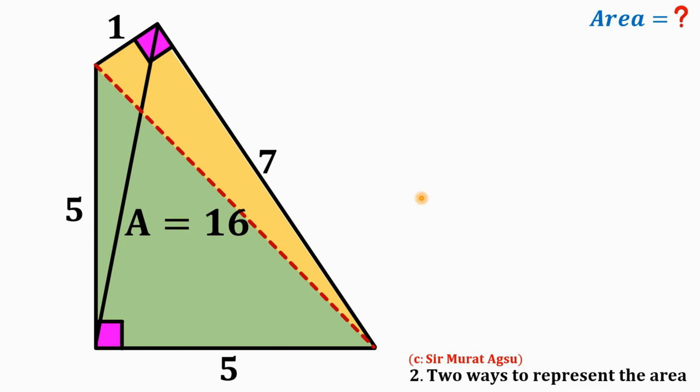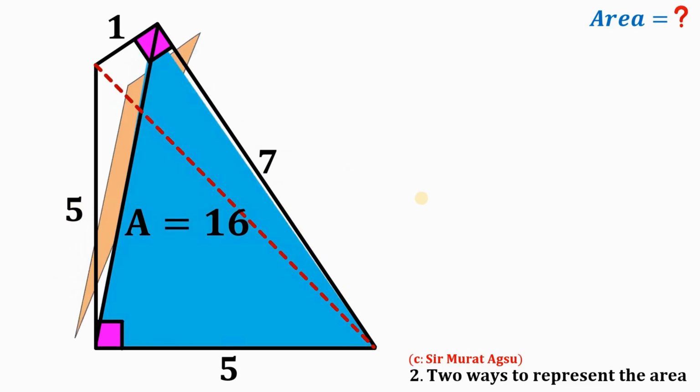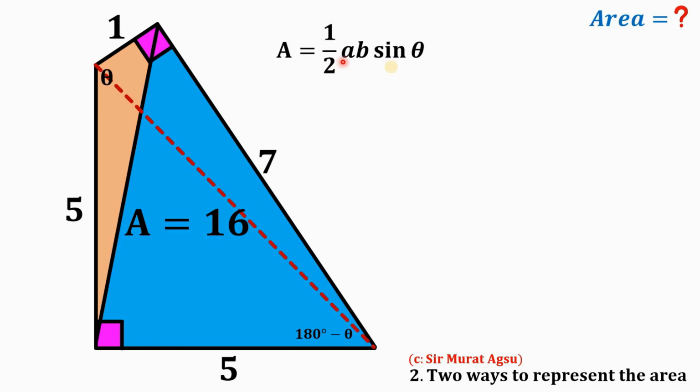Now, how about if we use these two triangles? How do we get their areas? Let's call this angle theta, and this angle right over here simply equal to 180 degrees minus theta. Take note that this quadrilateral is a cyclic quadrilateral from our first solution. To find the area of a triangle given its included angle, we use the formula 1/2 times a times b times sine theta.